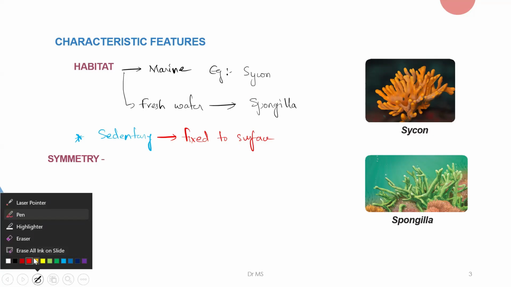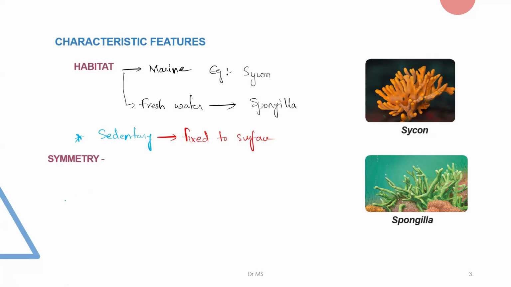Coming to the symmetry, they are asymmetrical in nature. What is the meaning of asymmetry? And the level of organization they show is the cellular level of organization. So remember, they live in the marine habitat, for example Cyclone, and very few members are found in fresh water, for example Spongilla. They are mostly sedentary, that means fixed to the surface.